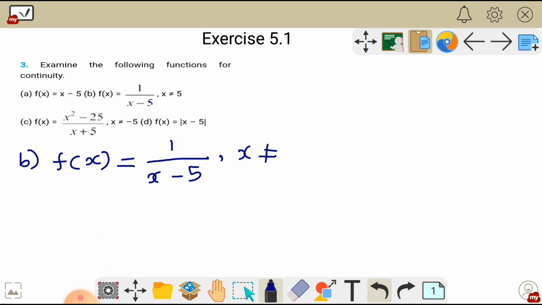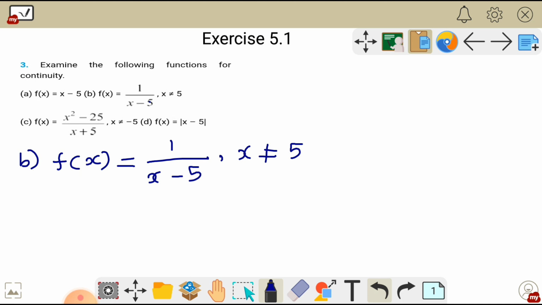So here it is given that x is not equal to 5. That means the point x is equal to 5 is not in the domain of our function, right? So now we have to check that the function f of x is continuous at each and every point from its domain, except 5, because 5 is not in its domain.